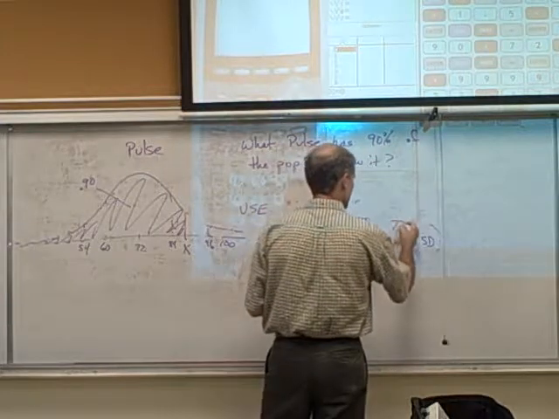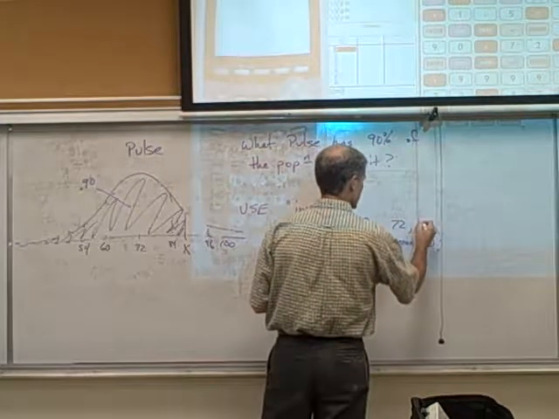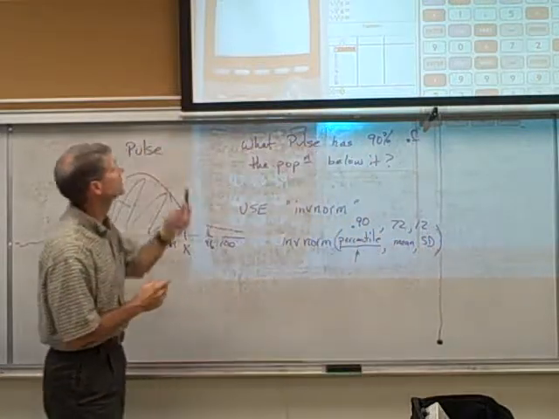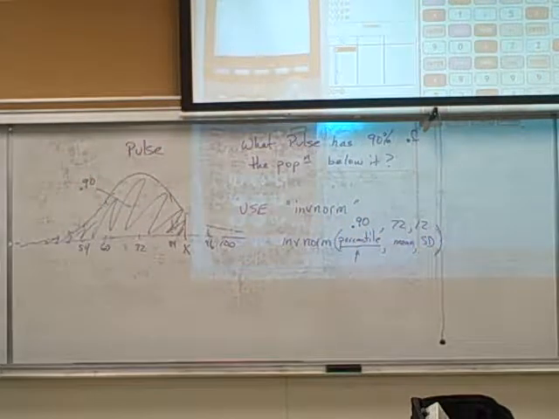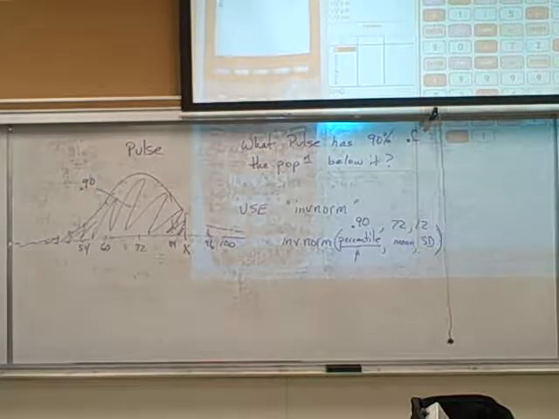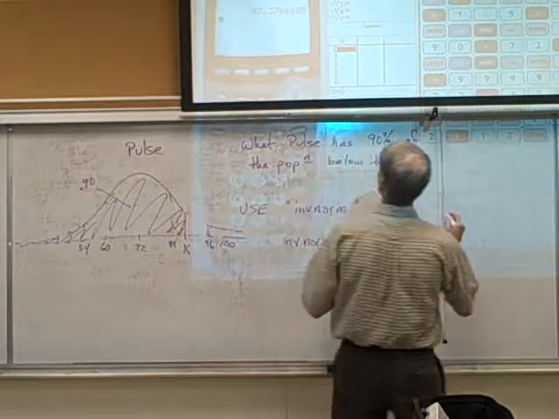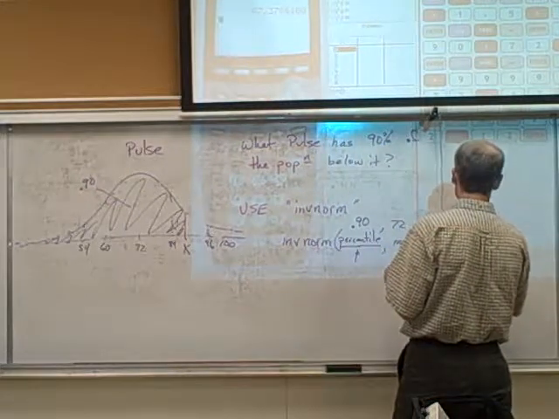And the mean is 72. The standard deviation is 12. So put that into your calculator in your inverse norm. And you get 87.379.